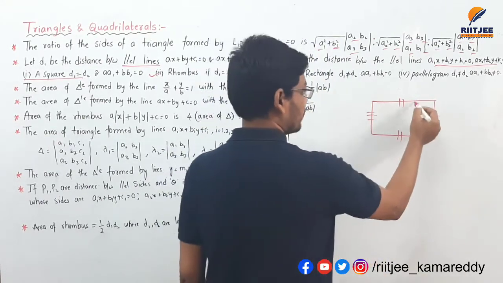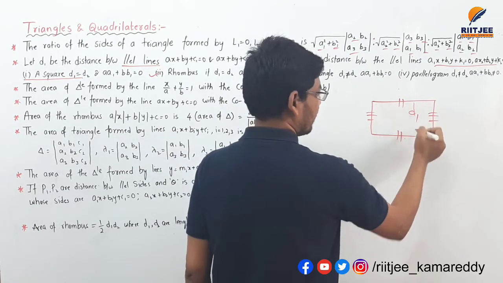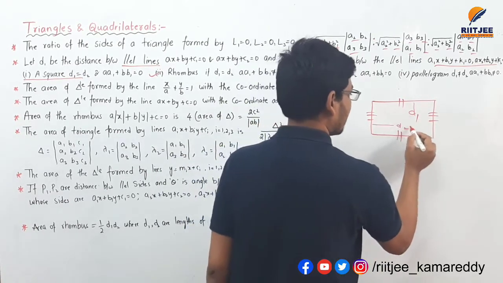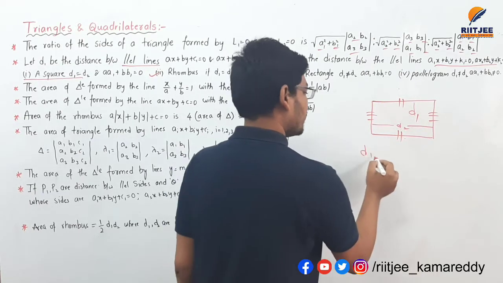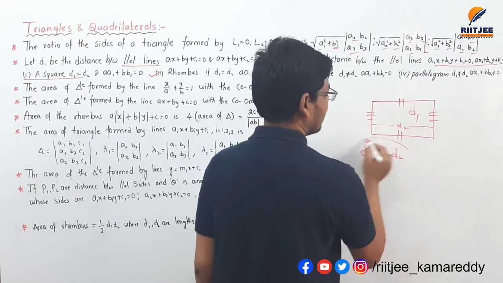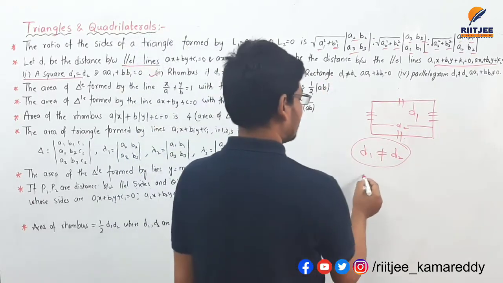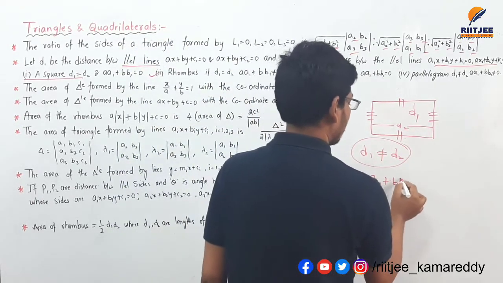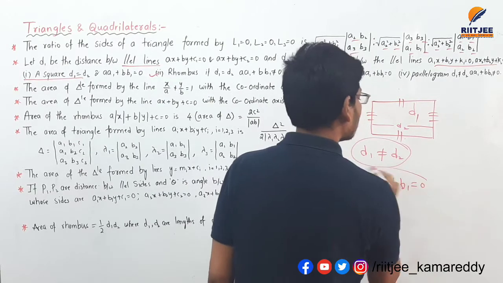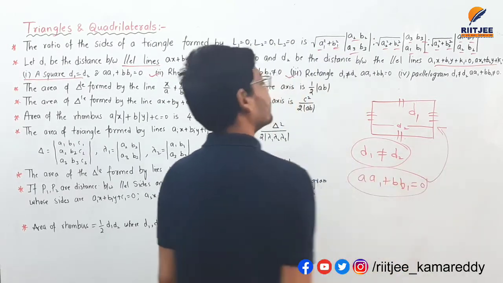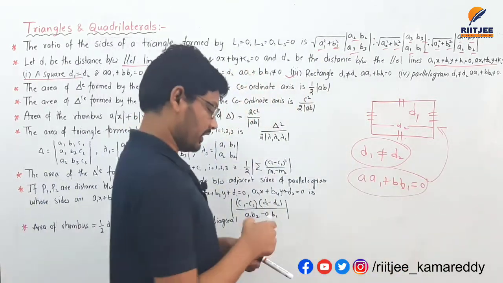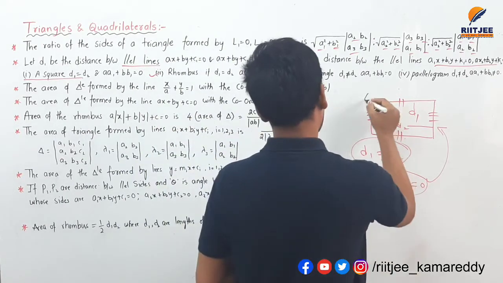The distance between these two parallel lines is d1 and the distance between these two parallel lines is d2. d1 and d2 both are not equal here. If d1 and d2 are not equal and if the condition a1 plus b1 is equal to 0, then the figure is said to be a rectangle here.